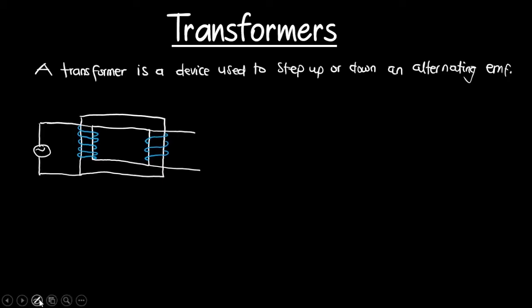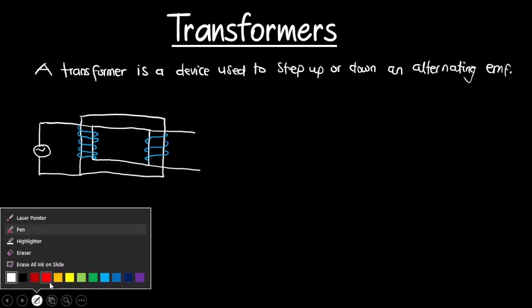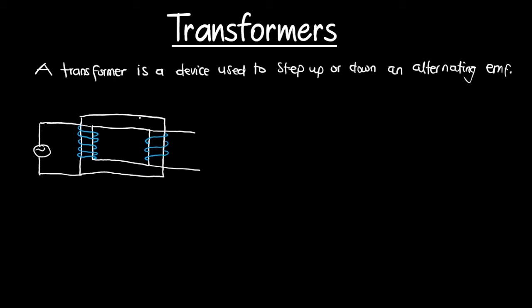So let me quickly label the parts. This is what we are calling the soft iron core. Then this is the AC input, the alternating current input. This is our source of alternating EMF. Now the first coil near the AC input is what we call the primary coil.